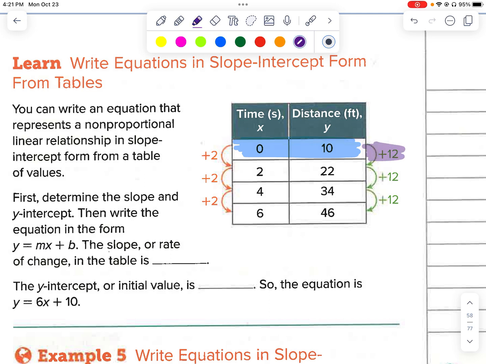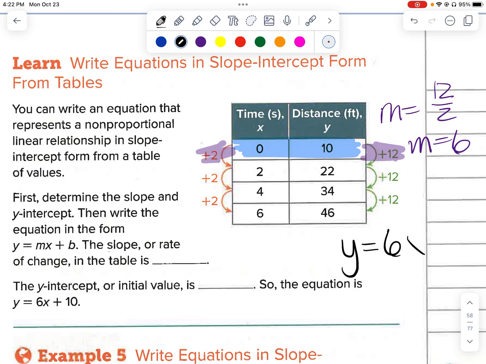So my change in y over my change in x. So that means my slope is going to equal 12 over 2, which is 6. So my equation would be y = 6x + 10.